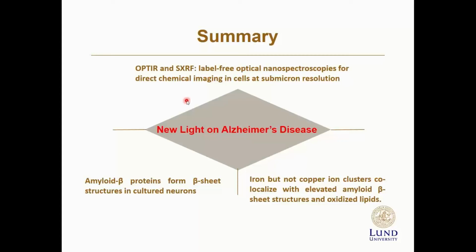With that, using O-PTIR combined with X-ray fluorescence microscopy, we showed that amyloid beta proteins can form beta sheet structures in cultured neurons, and iron, but not copper, clusters co-localize with elevated amyloid beta sheet structures and oxidized lipids.